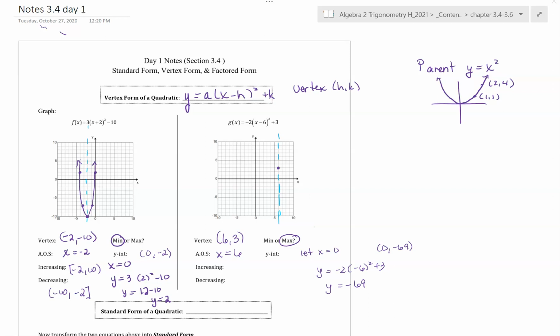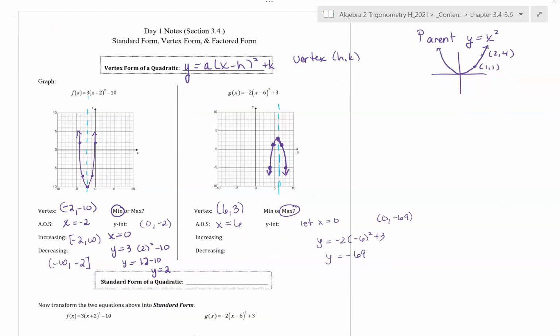So again, you could think of your parent function that we went right 1, up 1, but since our vertical stretch is 2, we're going to go right 1, down 2, left 1, down 2, and again, our parent function went right 2, up 4, but our vertical stretch is 2, so we're going to go right 2, down 8, and we go left 2, down 8. So we can go ahead and graph our quadratic.